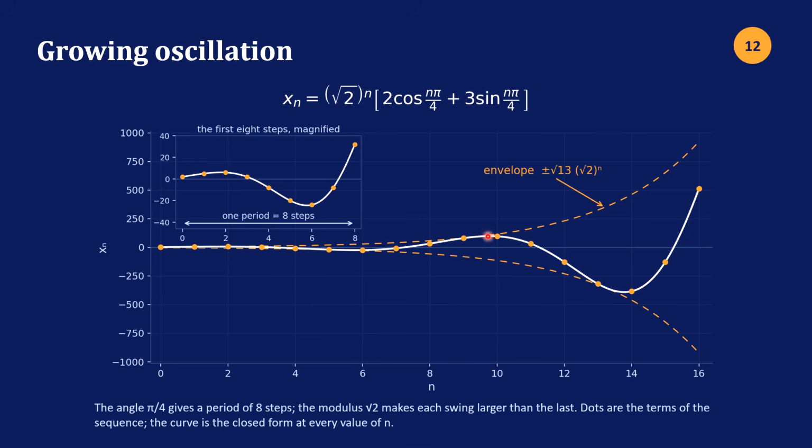So it's this dashed line here and here. So this is just getting wider and wider, and the oscillations are getting bigger and bigger. And that's generally the type of solution you're going to get when you have complex roots to your characteristic equation.